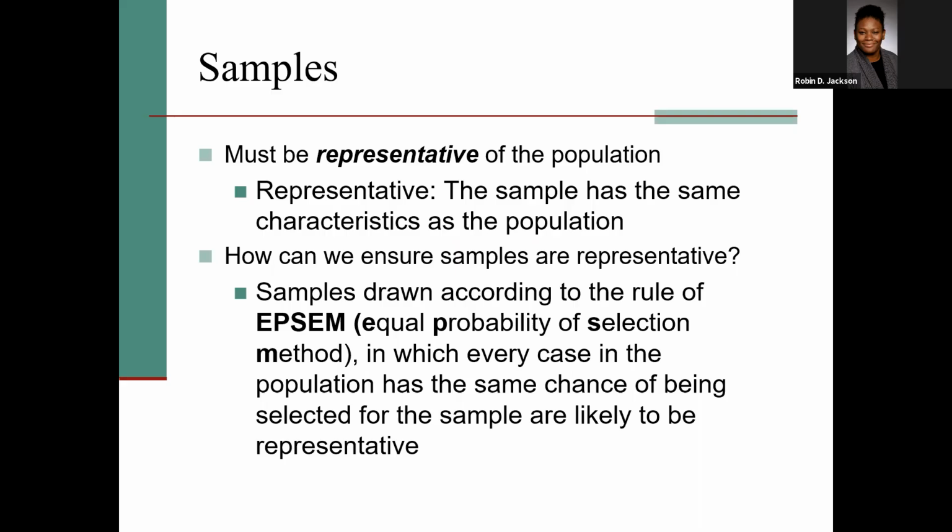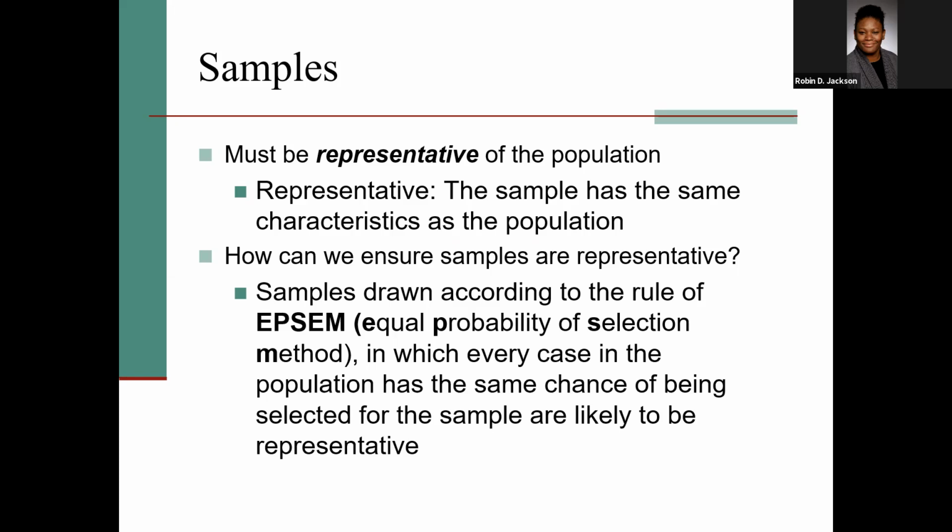A representative sample is going to have the same or similar characteristics as the population it was drawn from. Now, if a sample is to be useful and provide accurate information about the population it represents, the sample should contain the same or close to the same variation as the population. So essentially, the sample should look similar to the population it was drawn from.